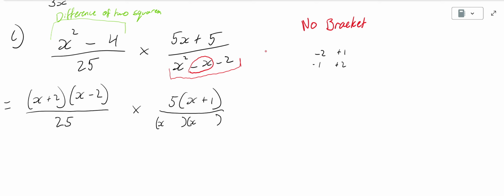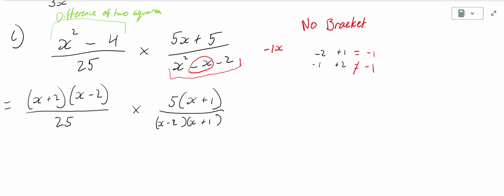And we need to remember that that negative x is actually negative 1x. So the addition of these terms needs to be equal to negative 1. So negative 2 plus 1 equals negative 1, but negative 1 plus 2 does not equal negative 1. It equals positive 1. So we need to have an (x - 2) and an (x + 1).